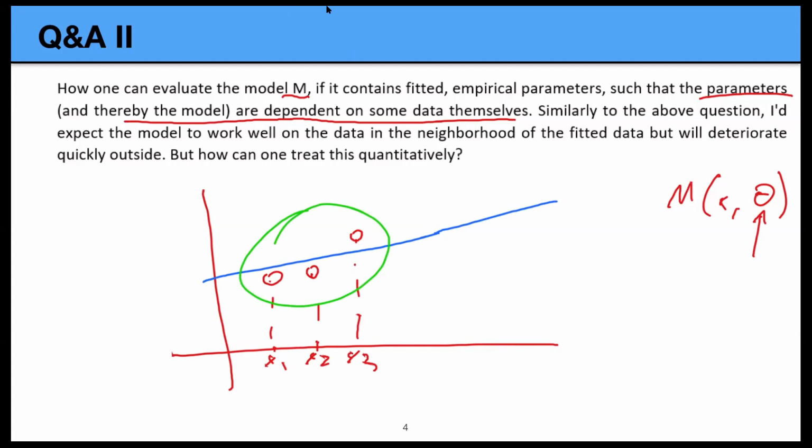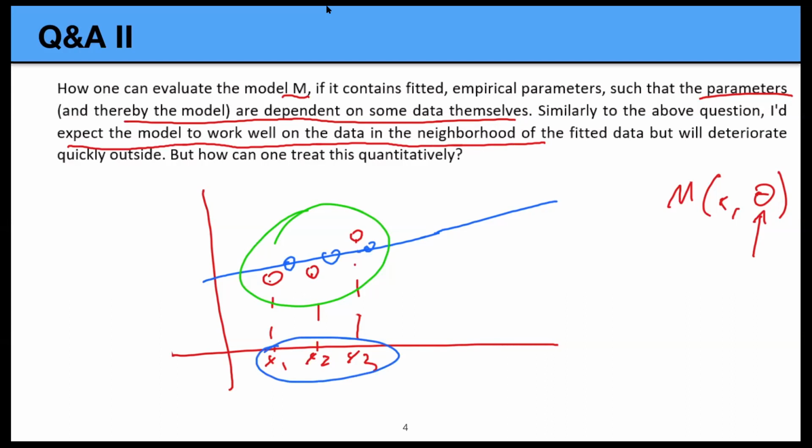The question is, you would expect the model to work well on the data in the neighborhood. Of course, if you estimate values around here, there's no guarantees, but you will kind of get estimated values within the neighborhood of the x's you have already analyzed.